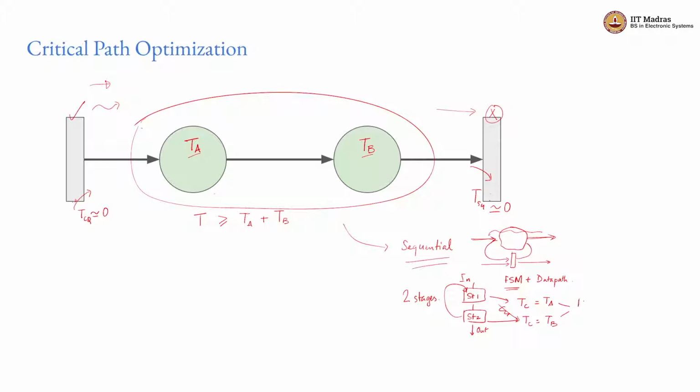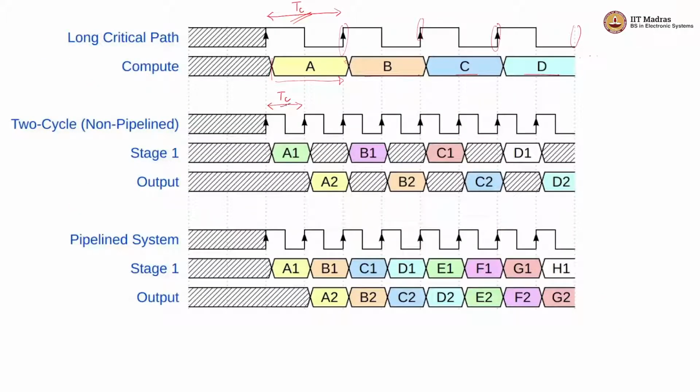And assuming that TA and TB are more or less equal, we will discuss that in a moment, TC is equal to TA is equal to TB is equal to basically (TA plus TB) by 2. So what we have over here is this TC that you see in this diagram, obviously an ideal version of the diagram, is half of what we had earlier.